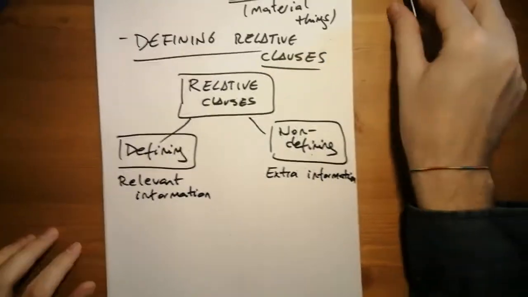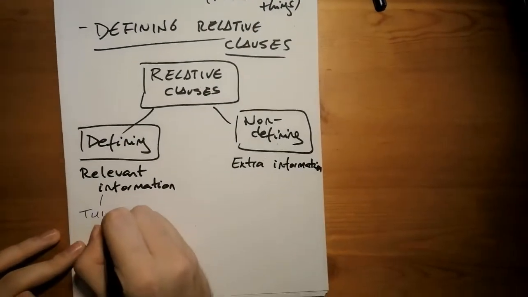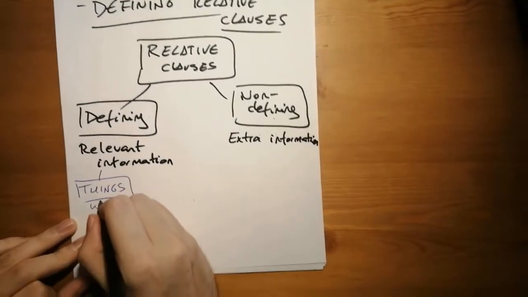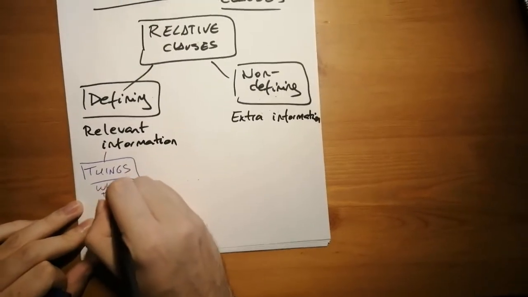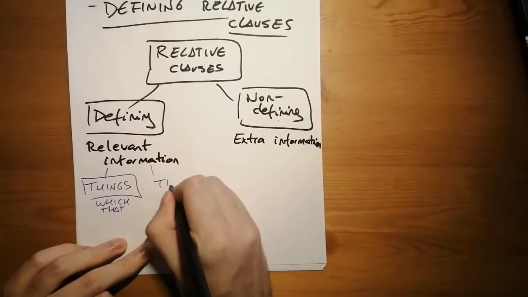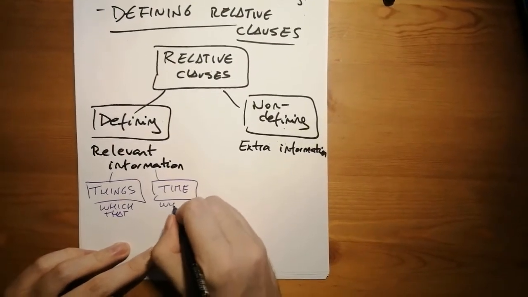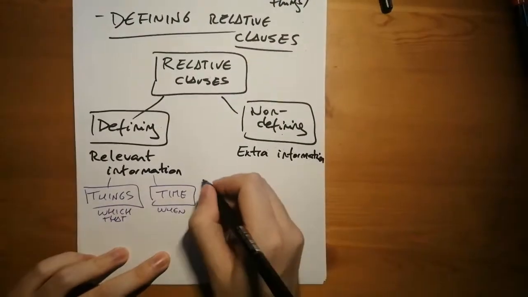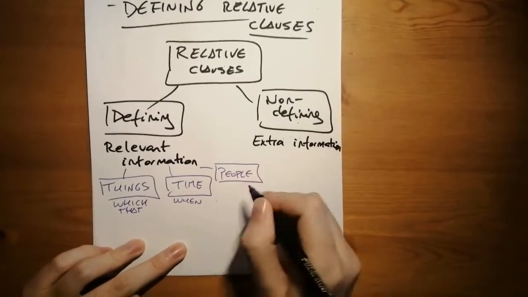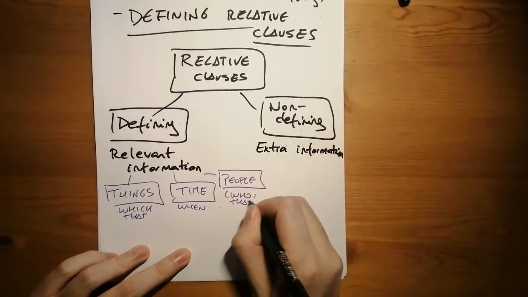So defining, we have to speak about things, and then we use which or that, not so common. To speak about time, then we use when. To speak about people, then we use who, also that, not so common.